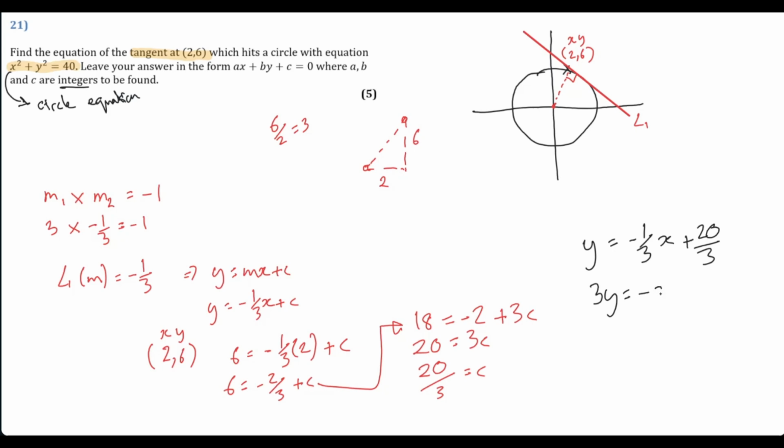So 3y equals minus x plus 20. And we want everything on the left-hand side. So this will be 1x plus 3y minus 20 equals 0. So essentially a is equal to 1, b is equal to 3, and c is equal to minus 20.